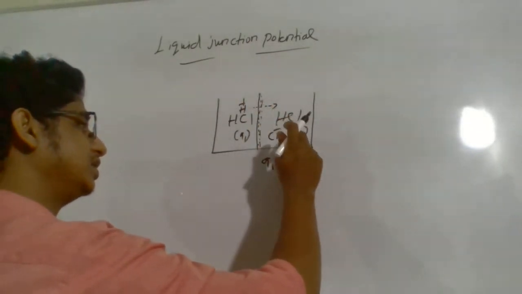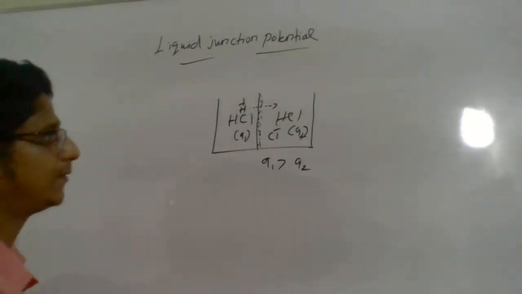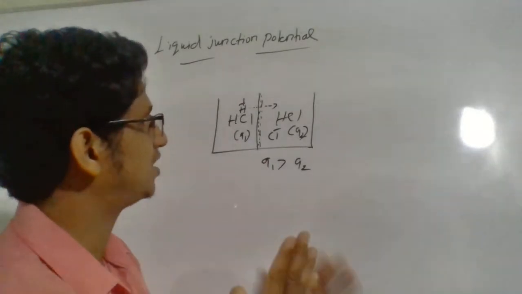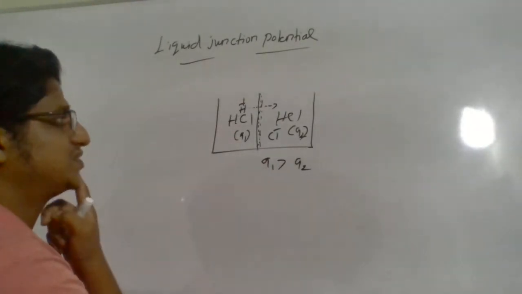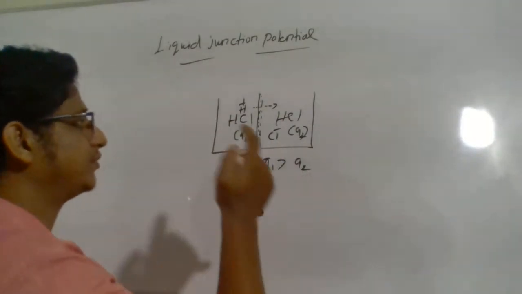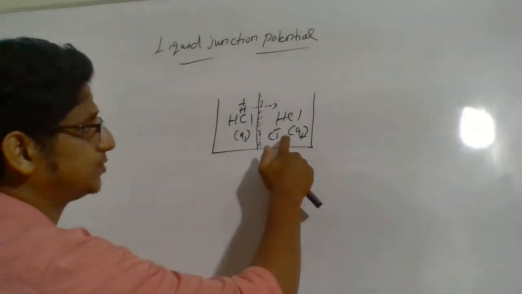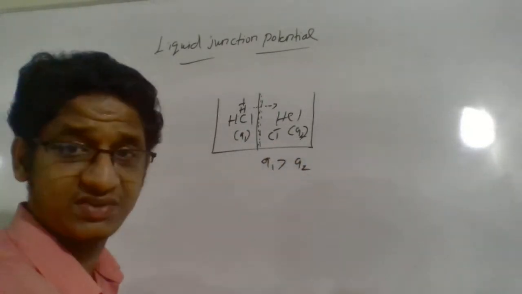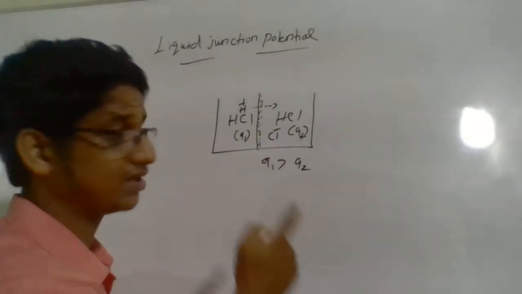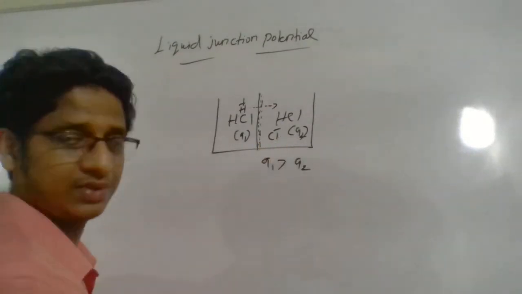this a2 to a1. So literally what you will observe here, two solutions are separated by a thin membrane where ions are allowed to transfer, where you will see these fast moving, smaller ions moving from higher concentration to lower concentration, which means this particular solution will be more positively charged, because here H plus ion moves faster, which means this will be positive, right?